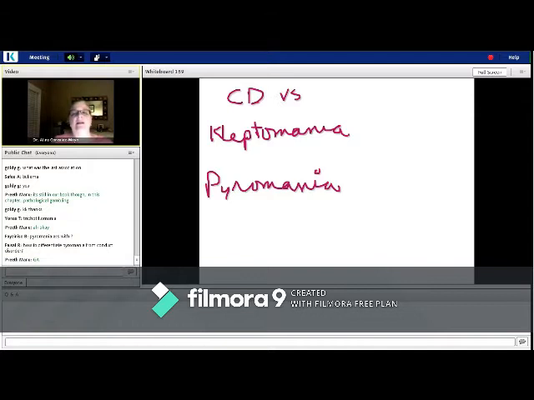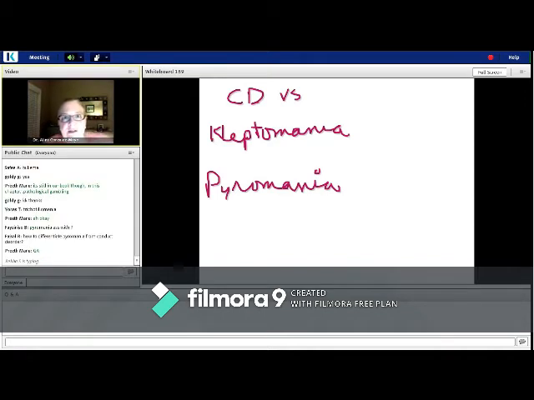They lie, they steal, they torture animals. If you're going to steal, you're not going to steal this. This is insignificant. This is what the kleptomaniac steals. What the conduct disorder will steal will be a $10,000 watch, the keys to your car, your diamond ring. So they steal things of value. That's the big difference, okay?